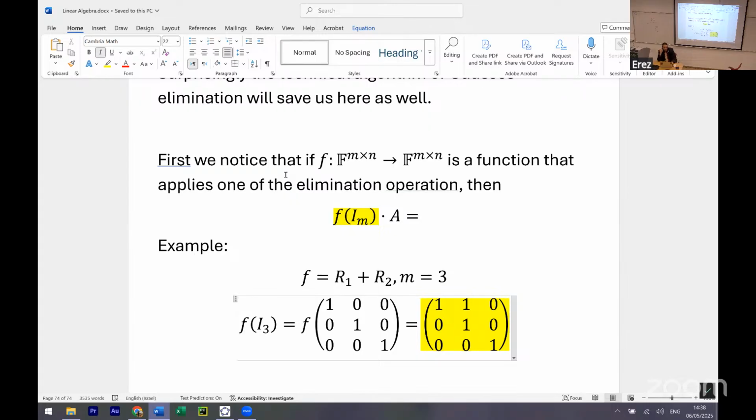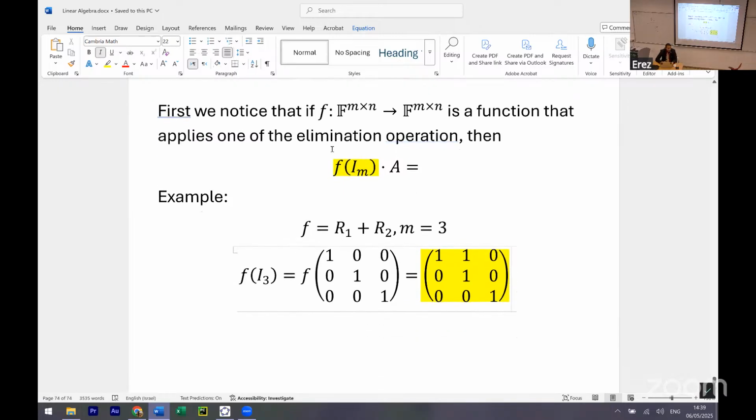Now my question is, what do you suppose would happen if I multiply that new matrix which I got? I do the operation on the identity matrix and now I'm multiplying. What will happen when I multiply it by A?